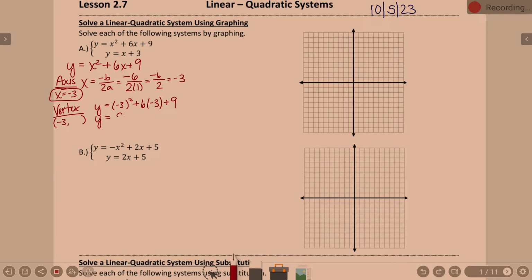Negative 3 squared is 9. 6 times negative 3, negative 18 plus 9. 9 minus 18 plus 9. 0. Got some math mistakes here? It's too early. Okay, so vertex is negative 3, 0.